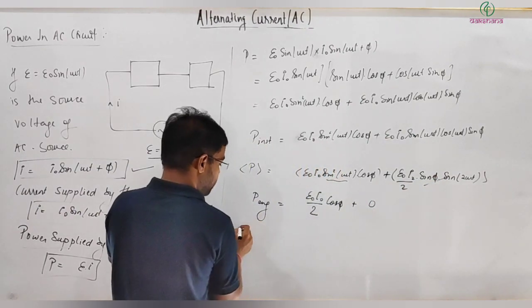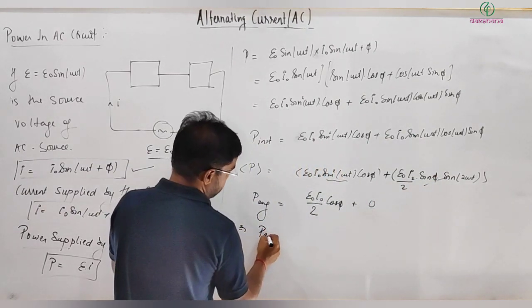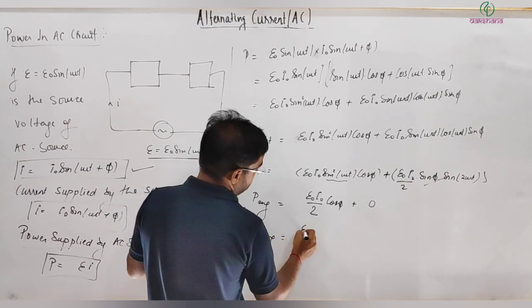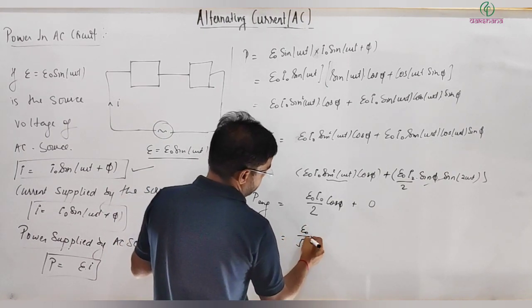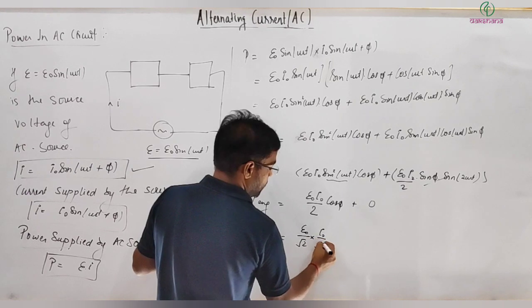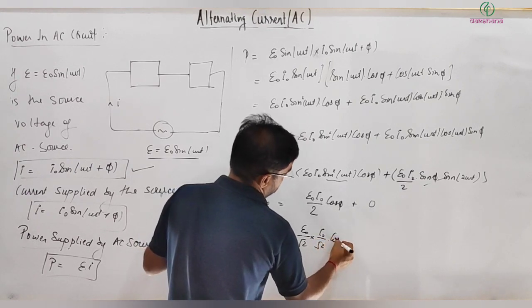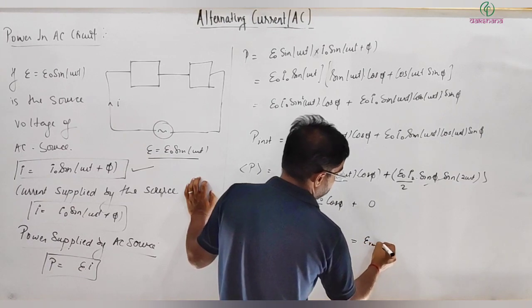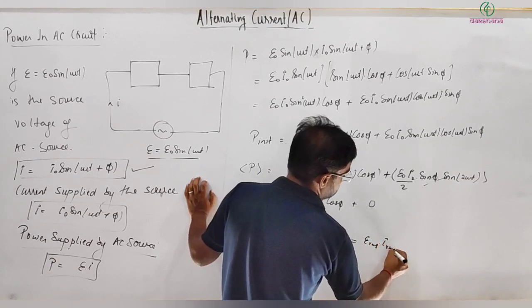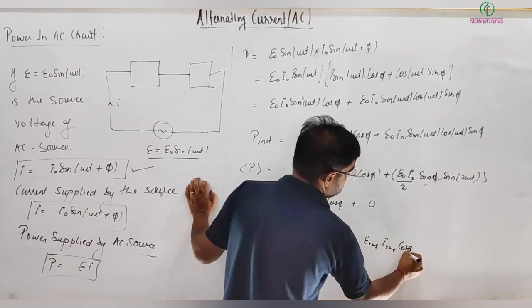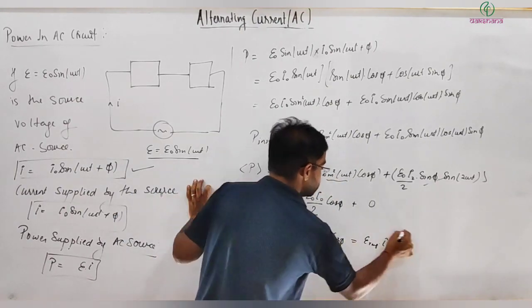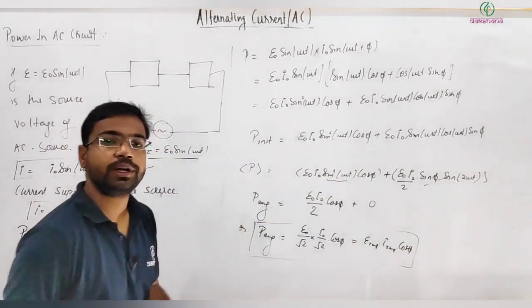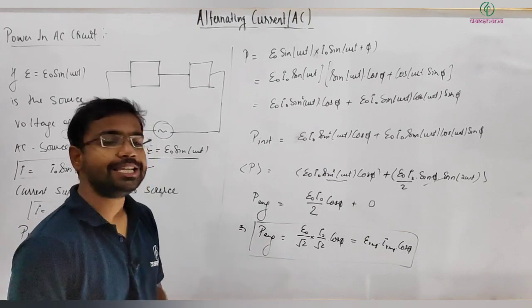So this is the average power, and we can rearrange it. I can rewrite it as E naught by root 2, I naught by root 2, into cos of phi. This can also be written as E RMS I RMS multiplied by cos of phi. So this is the average power consumed in an AC circuit.